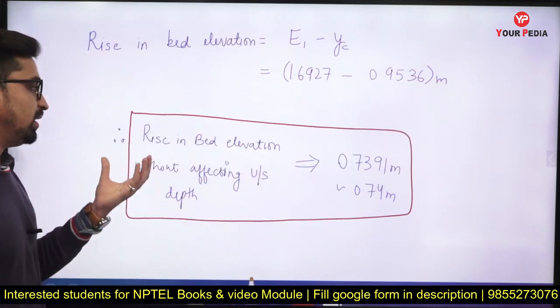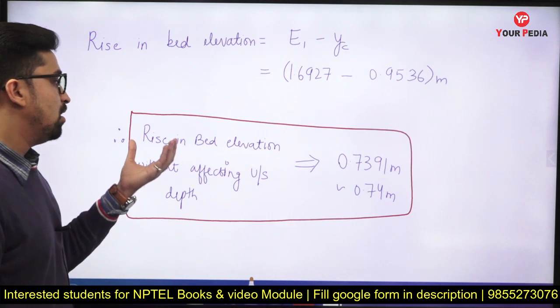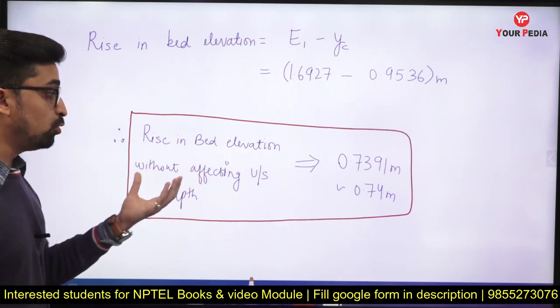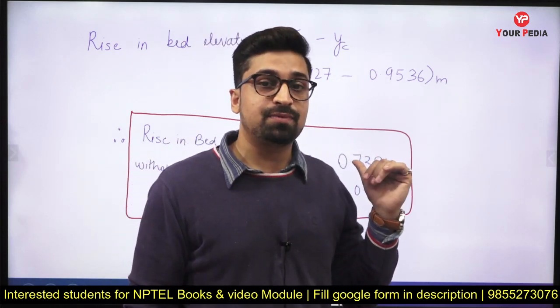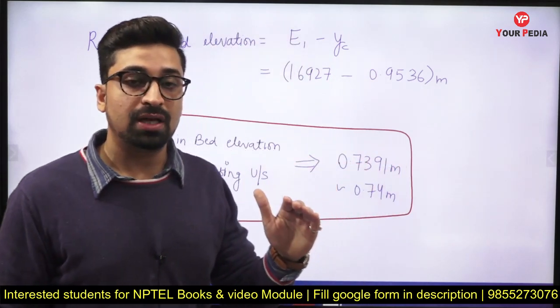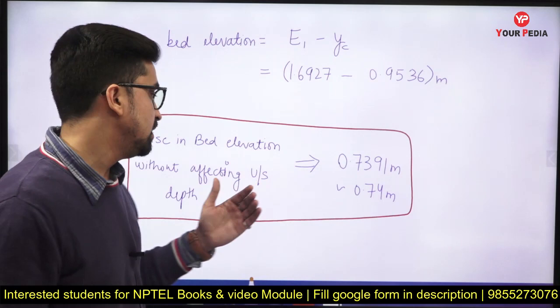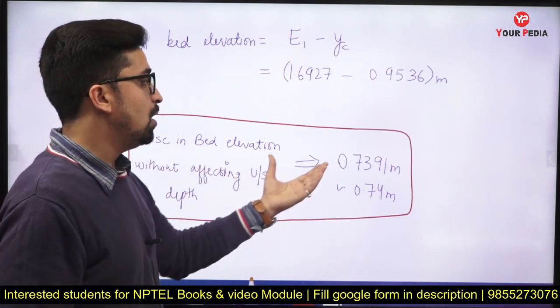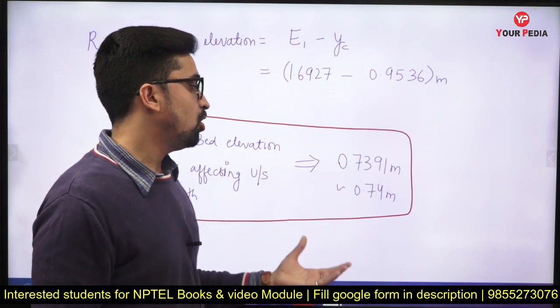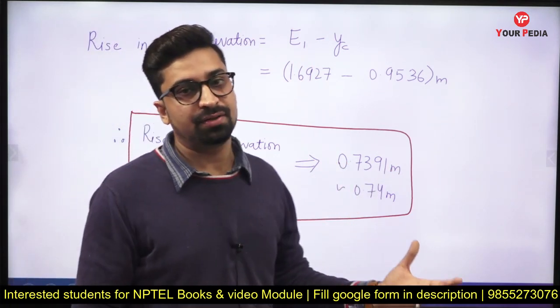So from this we can conclude our question: the rise in bed elevation without affecting upstream depth. Basically till this depth the upstream depth of flow won't change. So the rise in bed elevation without affecting upstream depth will be equal to 0.7391 meters or 0.74 meters, right?